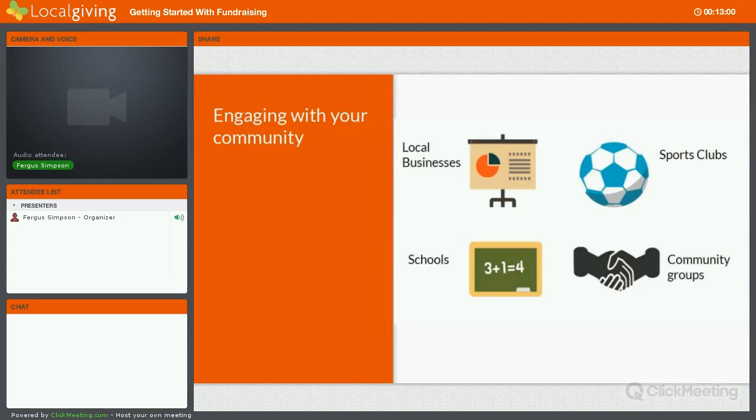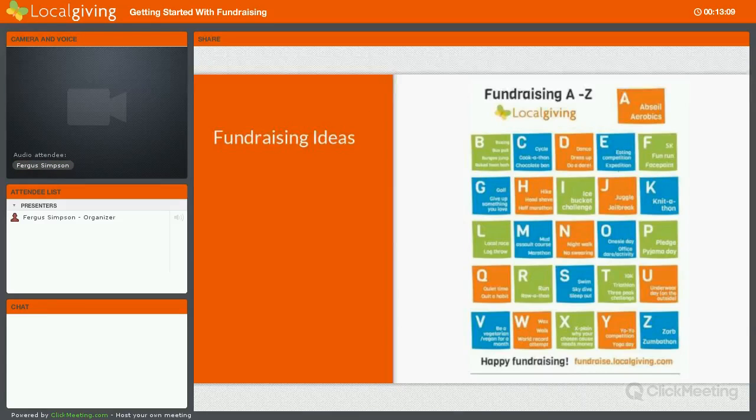Obviously, they have a wider network of friends and family, and also there's a competitive element there for them to be able to create a team fundraiser together. It's also worth having a few ideas up your sleeve about different fundraisers people could do. Obviously, you don't want it to be a blocker that the people are keen to fundraise for you, but they don't know what activity they should undertake.